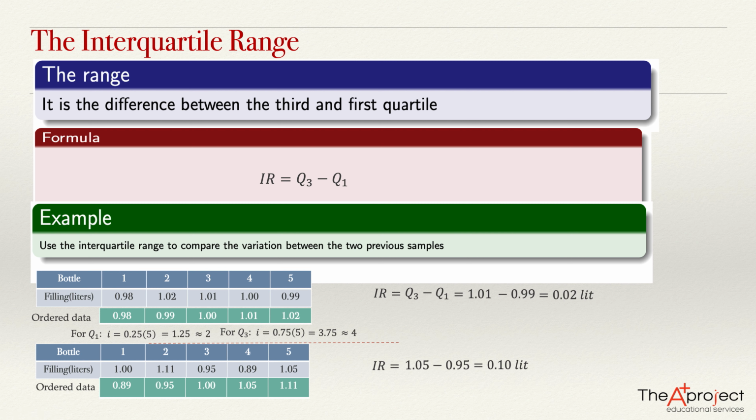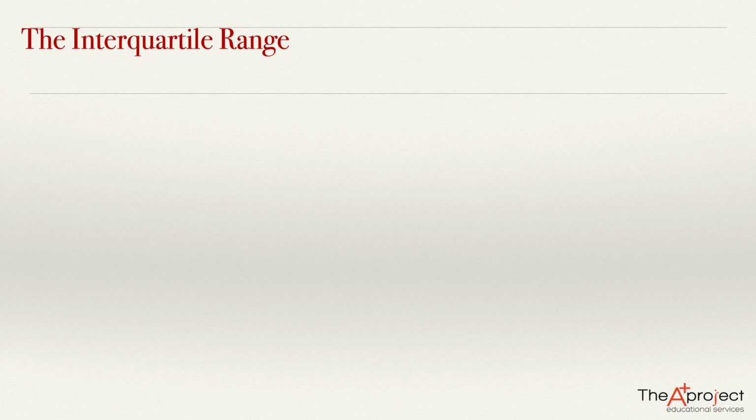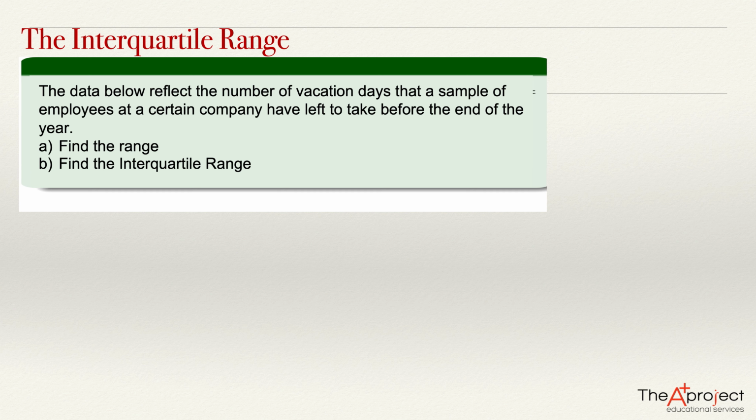Let's see another example. Let's solve now the following problem. The data set below reflects the number of vacation days that a sample of employees at a certain company have left to take before the end of the year. Find the range and find the interquartile range.